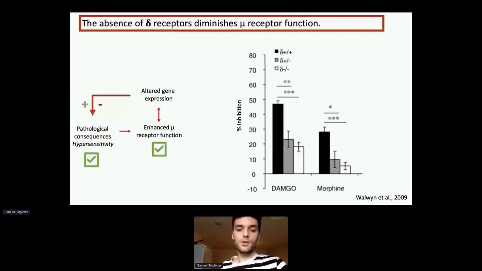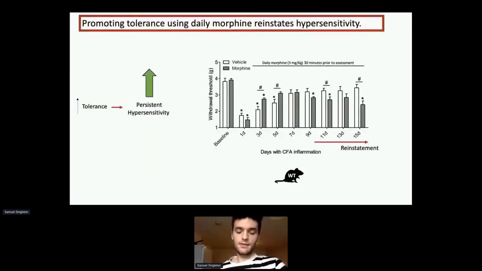So we then wanted to promote the development of tolerance to see how this altered the hypersensitivity. And by giving mice daily morphine to promote the development of tolerance, we saw this initial recovery followed by a period of reinstatement of hypersensitivity, suggesting that tolerance to the endogenous tone caused by morphine enhances pain hypersensitivity.